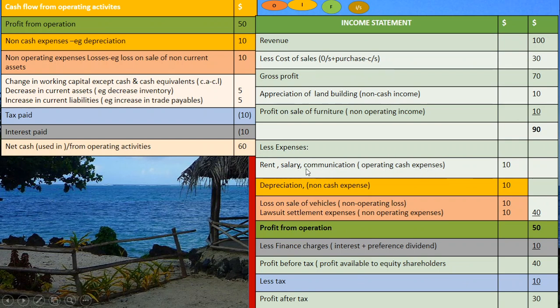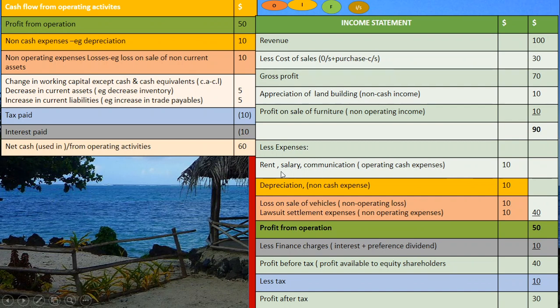Like rent, salary, communication, etc. These are normal operating expenses. Depreciation is also an operating expense, but here it is non-cash, that's why we're adding it back.